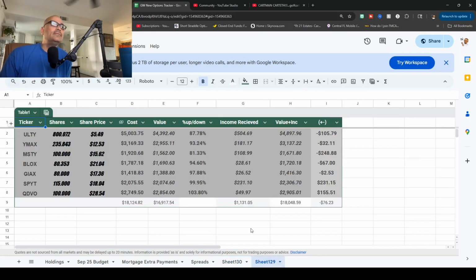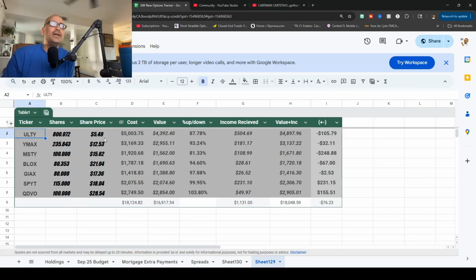So what I did was I made a table. I didn't model it, I just entered some numbers of all my holdings: the cost basis, the value it is, the income received, total returned, and where it's at. You'll see here, we look at ULTY. I have 800 shares.